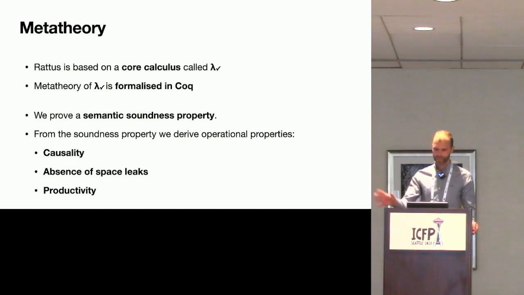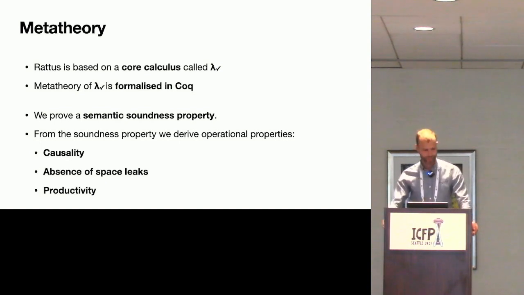This semantic soundness property is essentially a proof using a logical relation. From it we can then derive the actual operational properties we're interested in, meaning causality and the absence of space leaks. Right? So these were the two problems that I mentioned in the beginning of my talk. And we also prove productivity, so that each computation step is terminating.